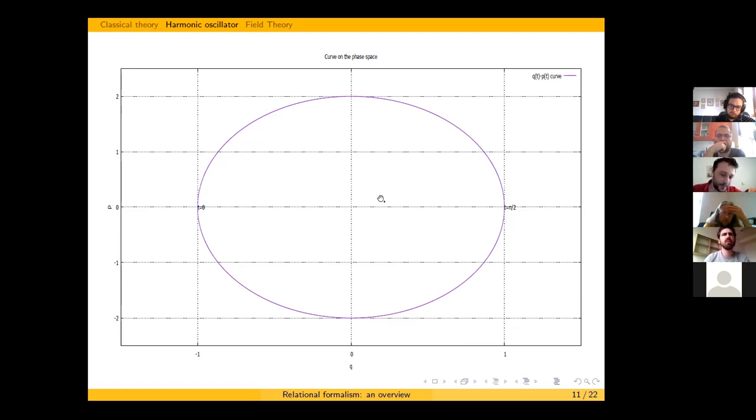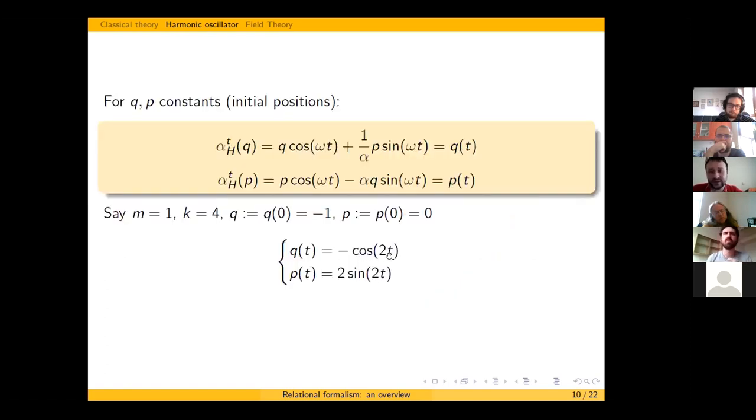Because how can we relate P and Q directly without saying Q at the time t takes a certain value and P at a certain time t takes another value? But we want to have P with respect to Q. And of course, in this simple case, it is just to invert the relation and substitute here. So nothing special.